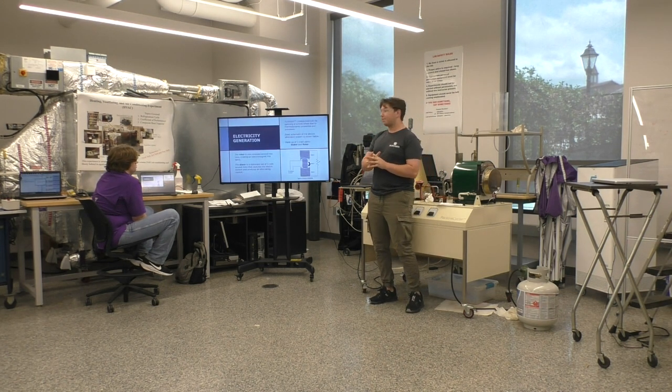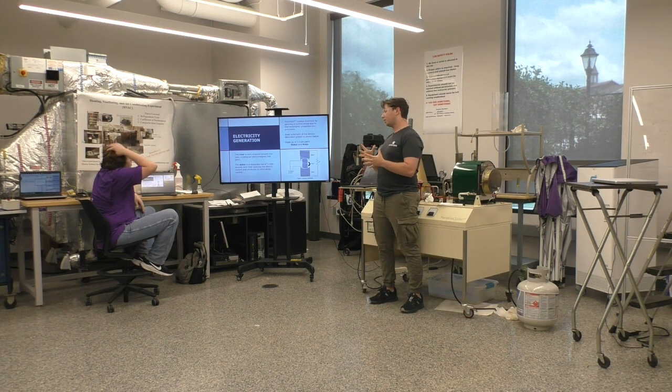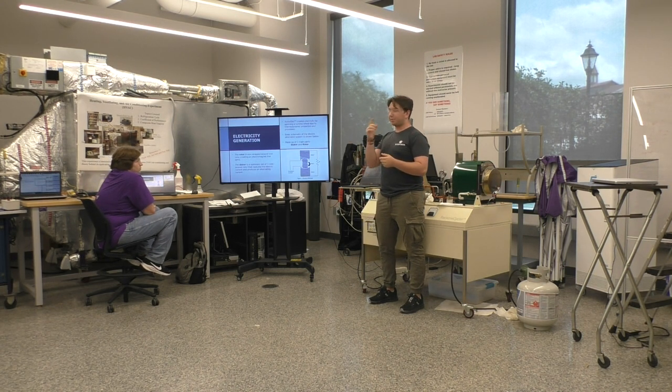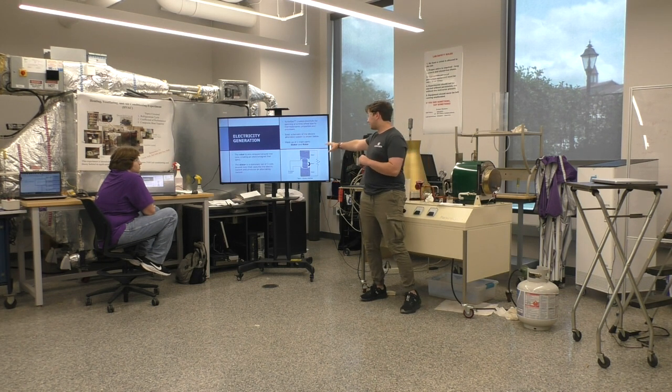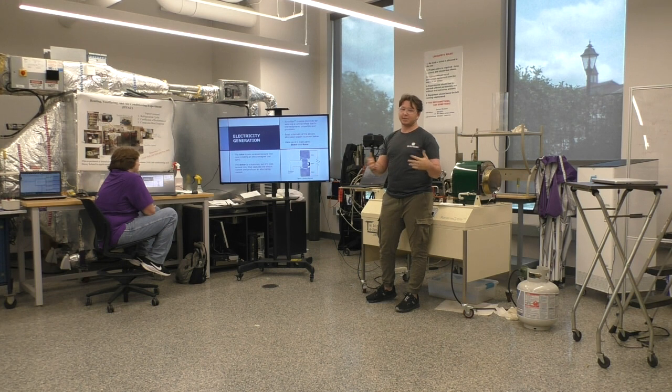So a little more in-depth look at how it actually generates electricity. They create electricity by spinning a turbine wheel, and that turbine wheel spins via a thermodynamic process, as I stated. This is a basic schematic of the electric alternator. It has two main parts, a stator and a rotor.